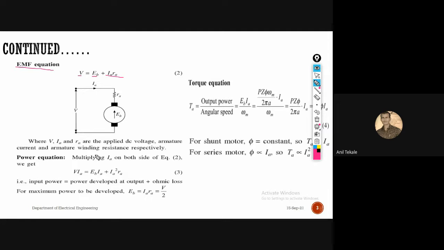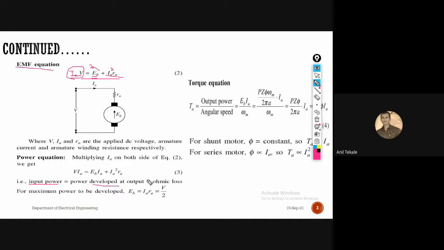Now, once we multiply this equation V = EB + IA RA by IA on every side, it becomes V IA = EB IA + IA square RA. So V into IA is the input power, and EB into IA, back EMF multiplied by armature current, is the power developed at output.